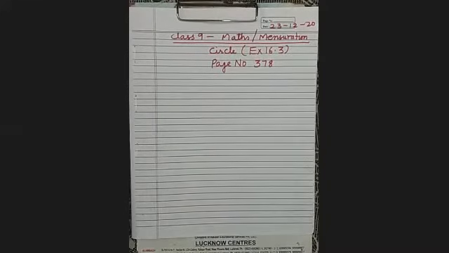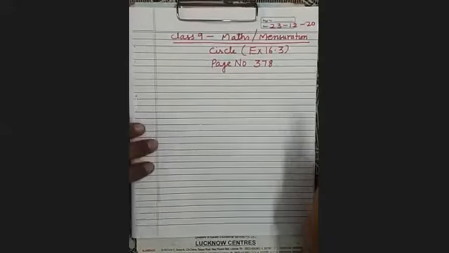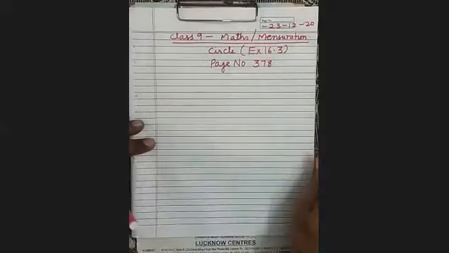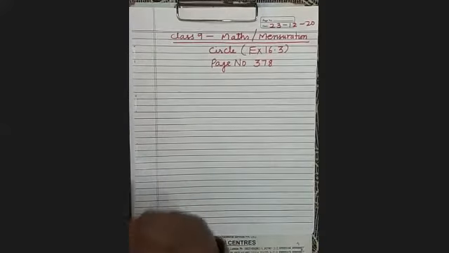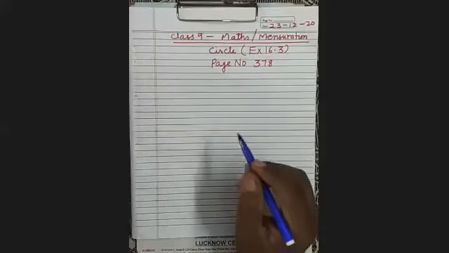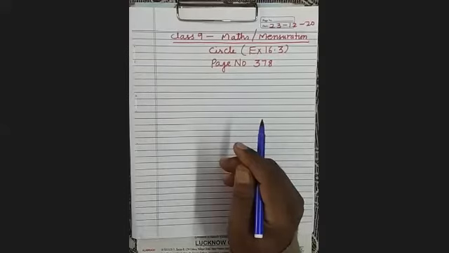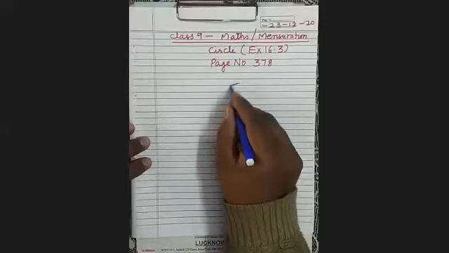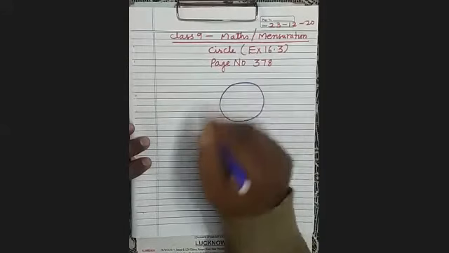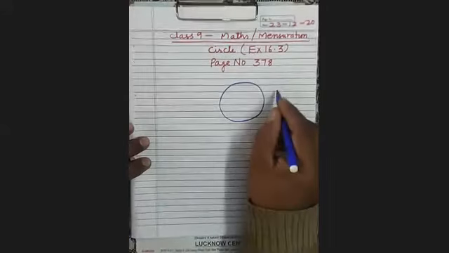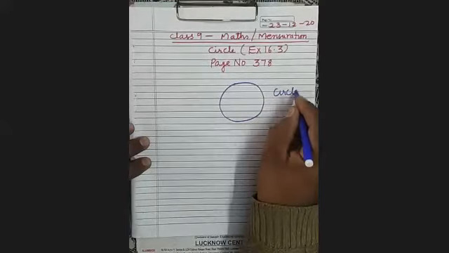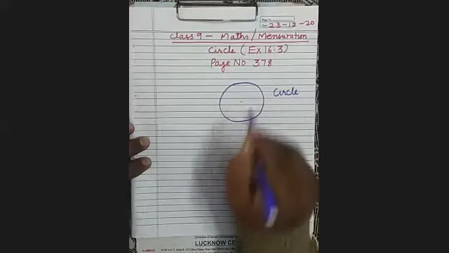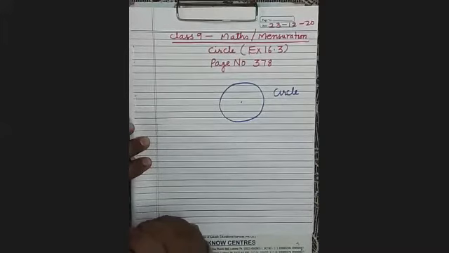Page 367. You can see here, first we will see the formulae of the circumference and area of circle. So see here. You can see here this type of figure, plane figure is known as circle. This is the center of the circle.